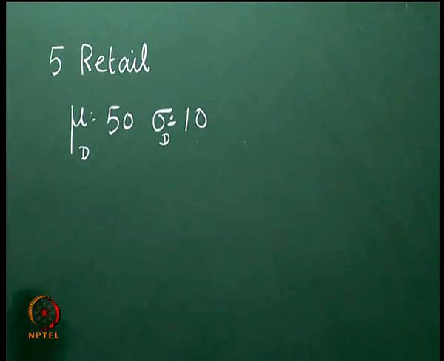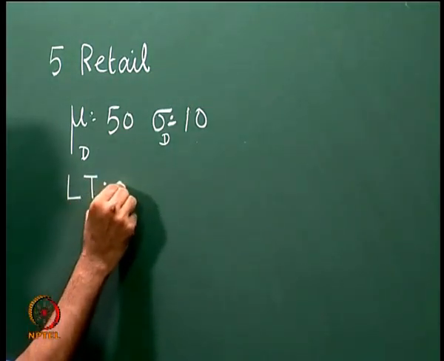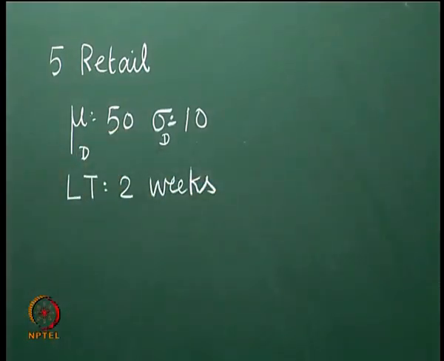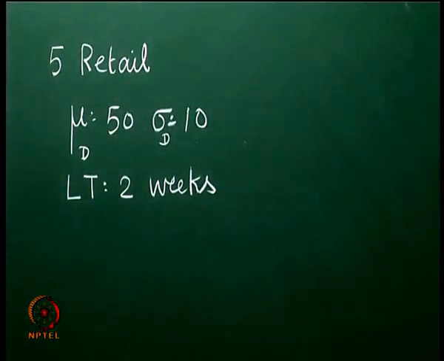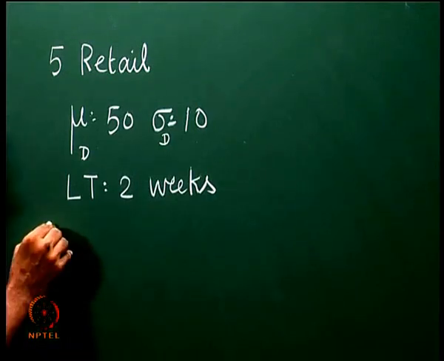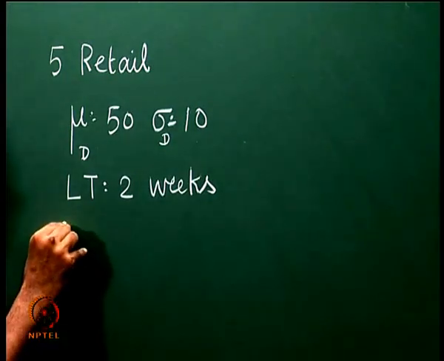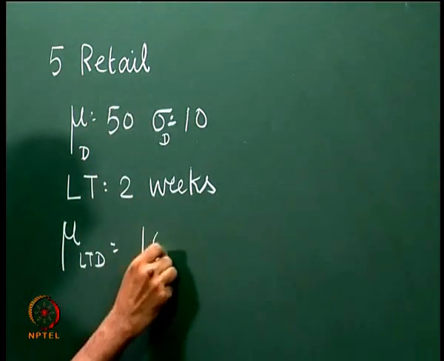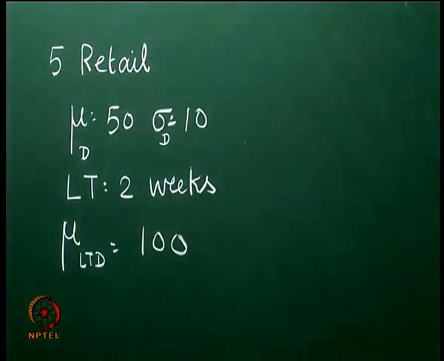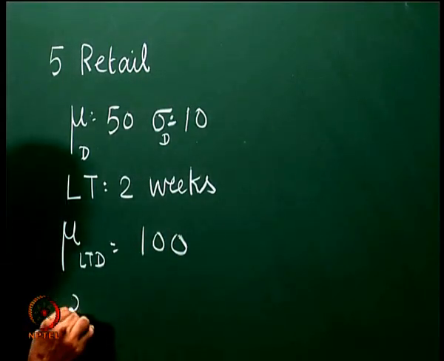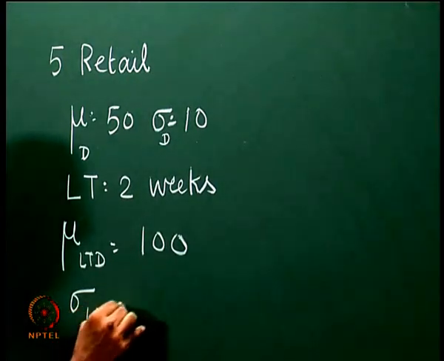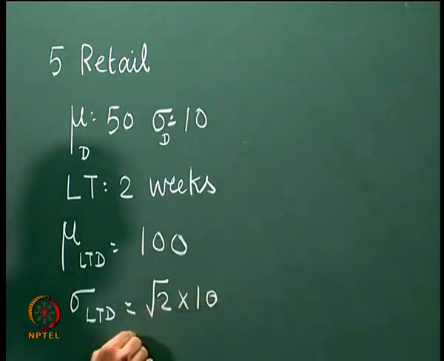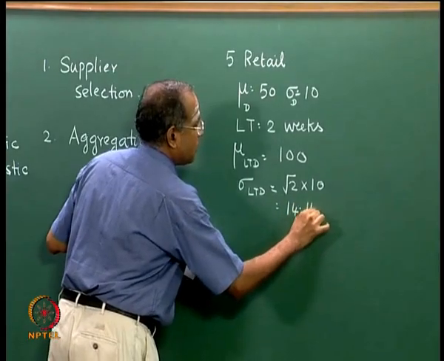Now, if the lead time is say 2 weeks and these are weekly demands, then demand during the lead time is equal to 50 into 2, which is 100, and sigma during lead time is equal to root 2 into 10, which is 14.14.